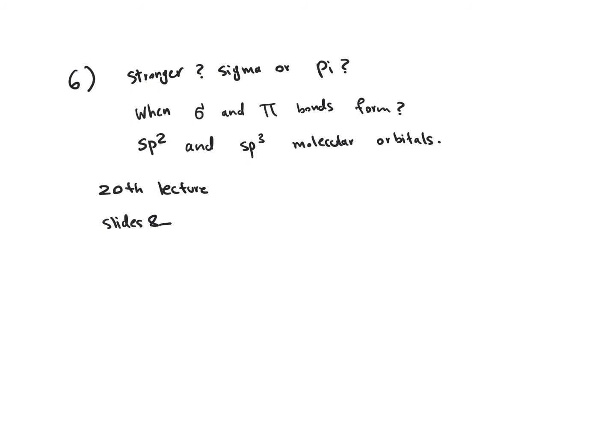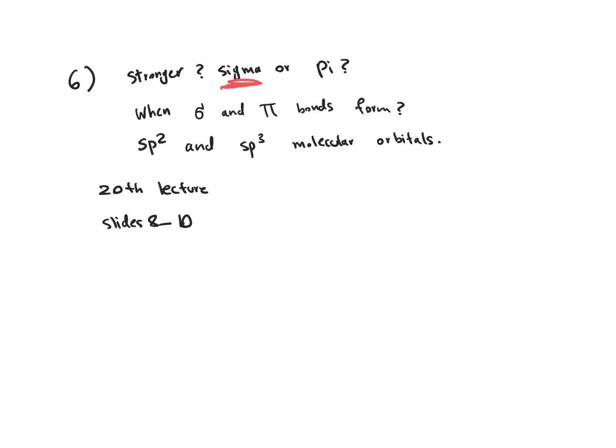So basically the 2 slides are the same. So slides 8 and 9 are the same, 10 and 11 are the same, and also 12 and 13, and so on and so forth. But slides 8 and 10 talk about sigma and pi bonds. In a nutshell, sigma bonds are stronger than pi bonds.